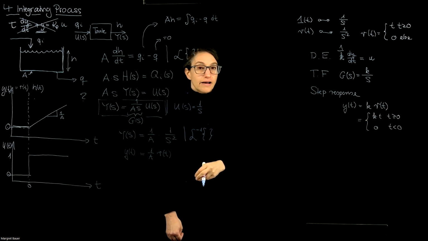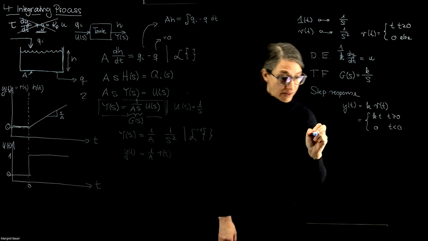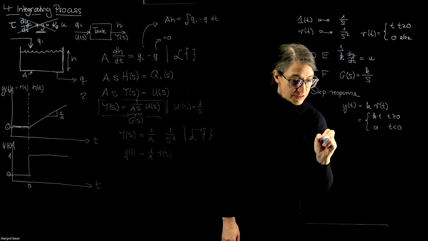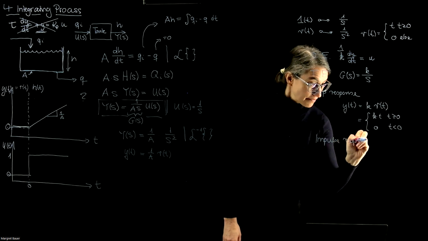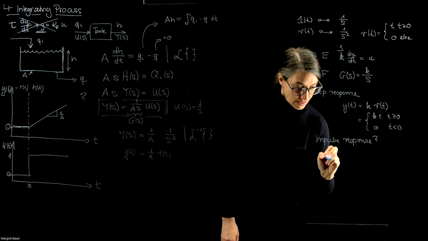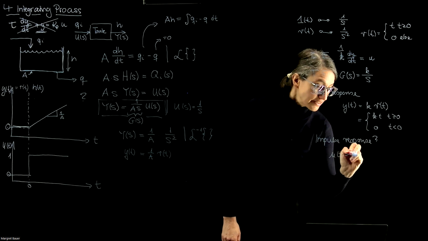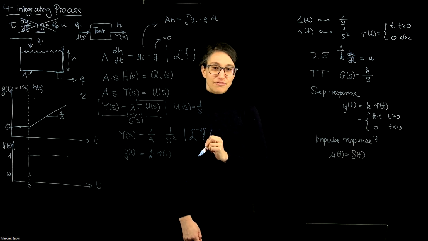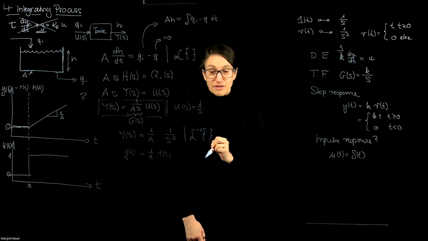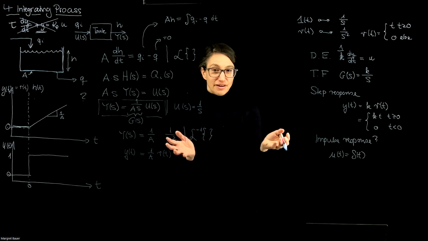We can think, you can try out here, what would be the impulse response? So this is when u of t equals delta of t. What happens then? I fill the bathtub for a very short amount of time, but infinite, with an area of 1.